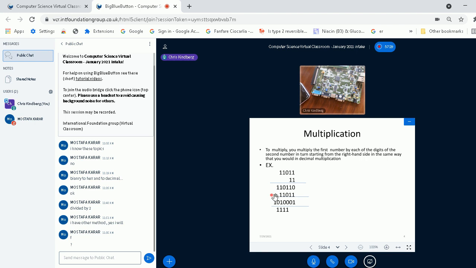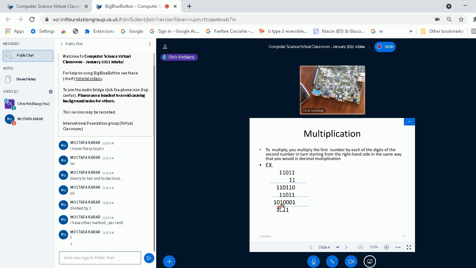Now add: 1 and 0 is 1, 1 and 1 is 0 carry 1, 1 and 0 is 1, add 1 and you get 1, 0. Then adding a 1 and a 1 and a carry 1, you get a 1 and a 0. I'm sure you'll be able to do this yourself. I'm finding it tricky keeping track of the cursor here.